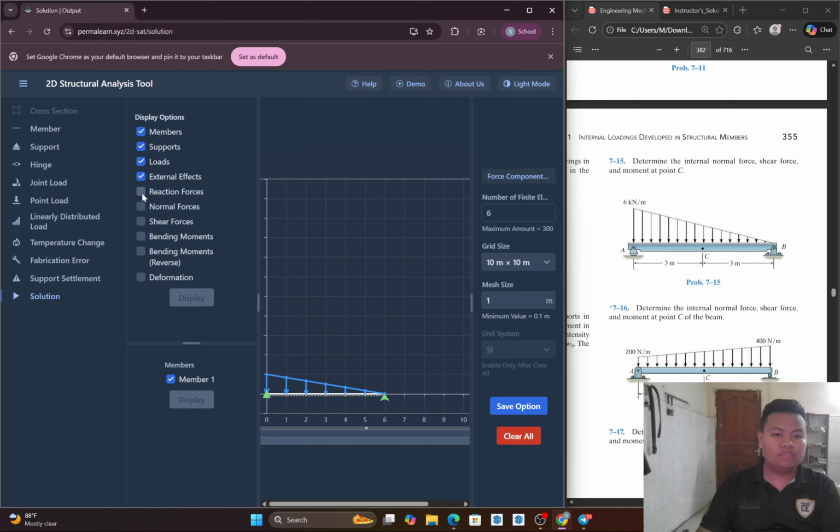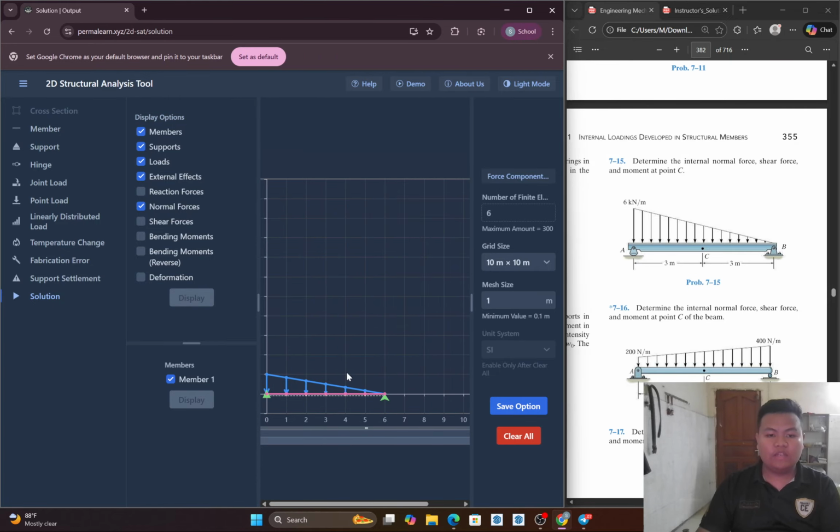First we have to check the reaction force of the support, so we click display. As you can see, at joint A, A1 is equal to 12 kilonewton, and at joint B, B1 is equal to 6 kilonewton. So now let's move to the normal force.